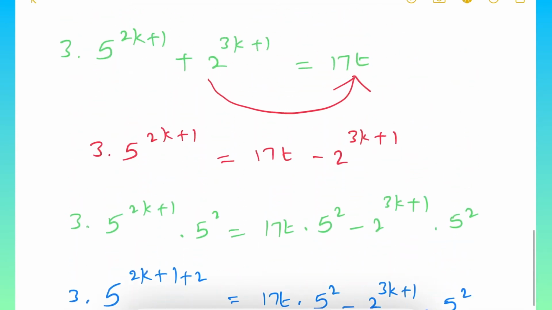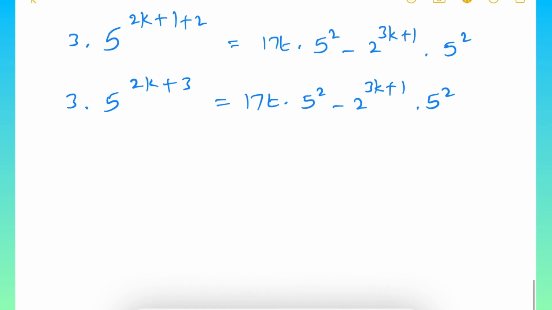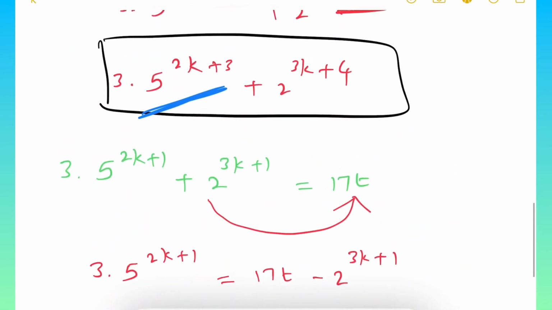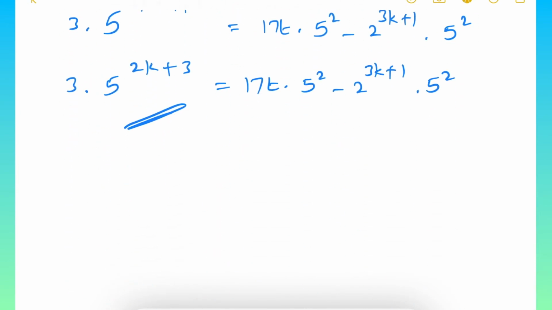Now observe what we need to get. 3 into 5 power 2k plus 3, we already have that one, plus 2 power 3k plus 4. This 2 power 3k plus 4 we don't have, so let us add that term.